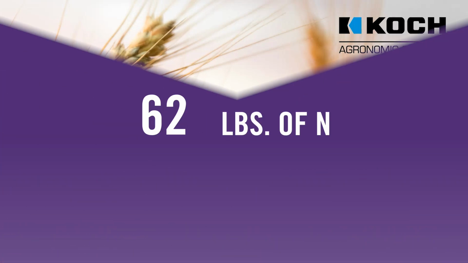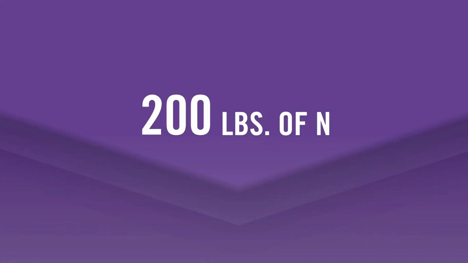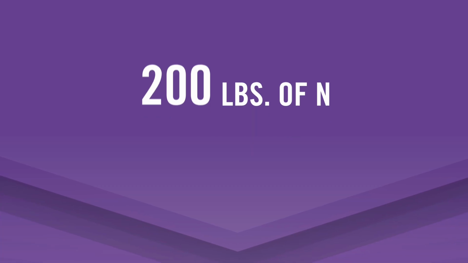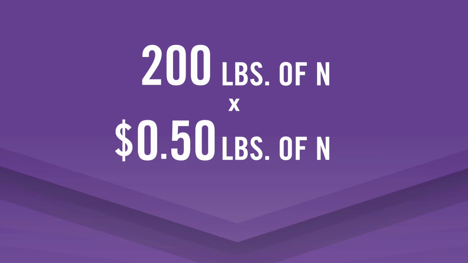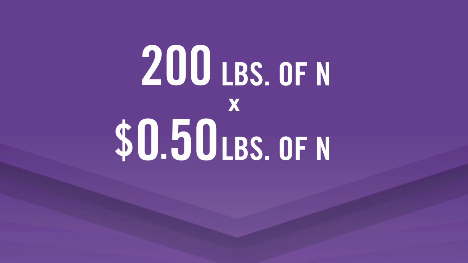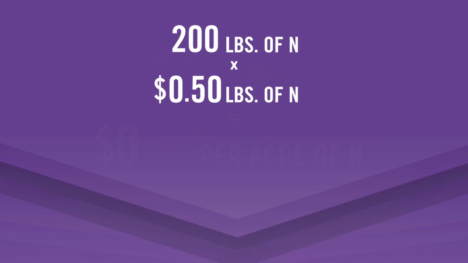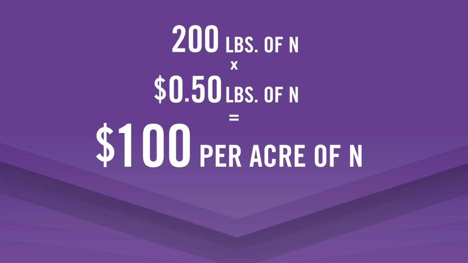So when we think about nitrogen, let's say we're applying 200 pounds, give or take. Rates will vary dramatically across regions, but for easy math, let's say 200 pounds of nitrogen at 50 cents a pound. I think in most places it's probably a skosh higher than that right now. But 50 cents on 200 pounds gets us to $100 an acre in nitrogen.